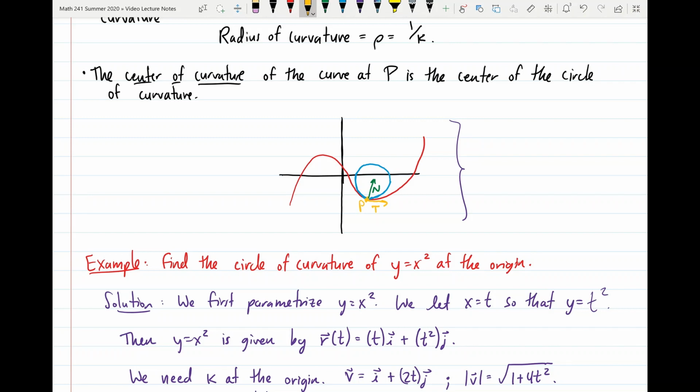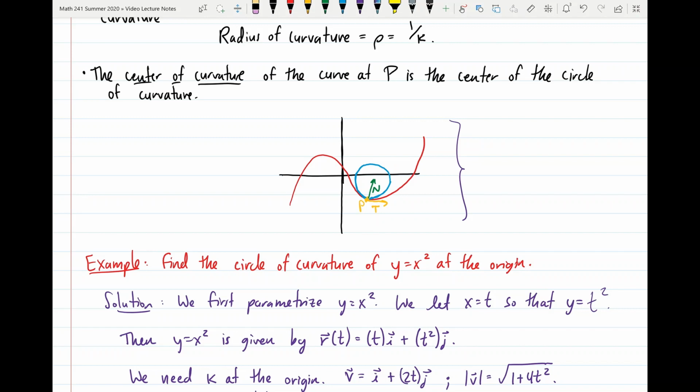And let's just notice some properties of this circle here. So first off, the circle is lying on the side of the curve such that the curve bends towards the circle as opposed to away. So I could have drawn the circle on this side of the curve down here, but now my curve would be curving away from my circle. And I don't want to do that.